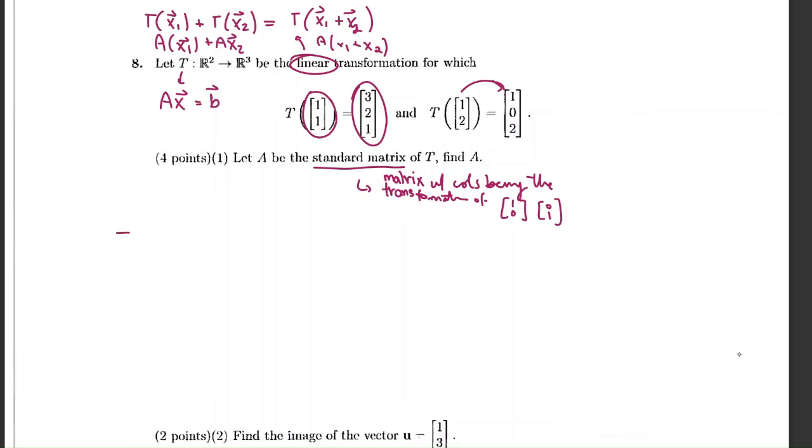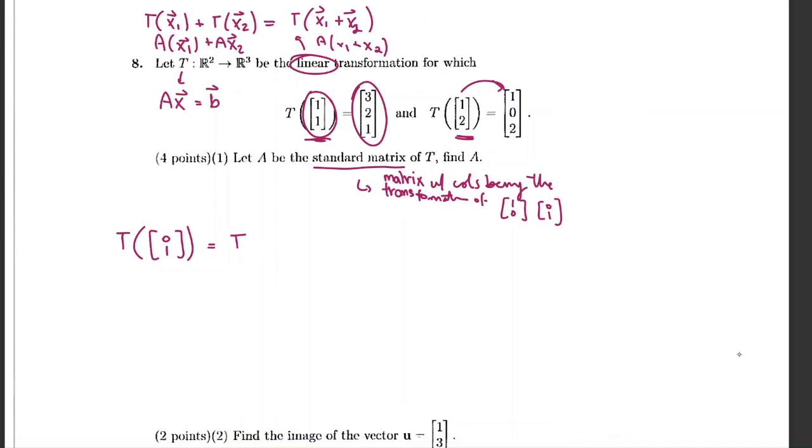So in this case, we want to find the transformation of, say, 1, 0, and okay, actually I want to do 0, 1 first because it's just a bit easier. So, right, this is kind of like our linear combination of 1, 1 and 1, 2. So I want to find a way to get 0, 1 from that.